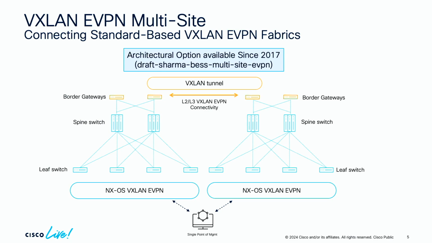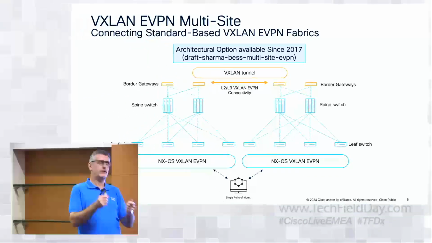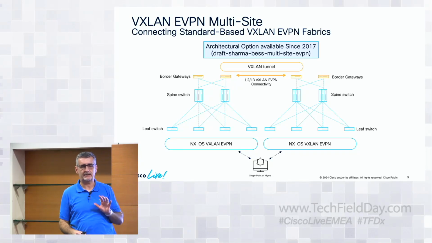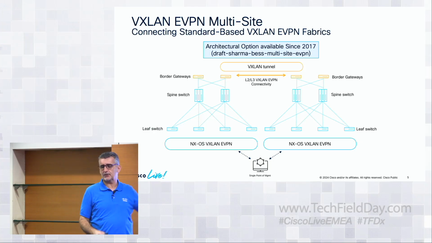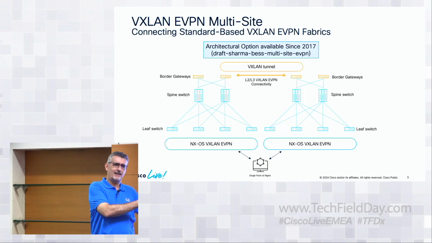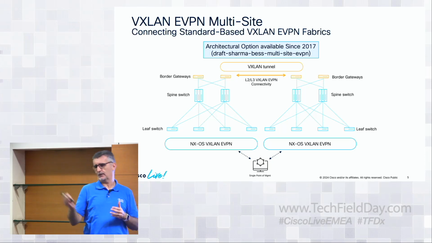The border gateway is really the key device and component that allows me to control what type of connectivity I want to establish between a leaf spine topology on the left and a leaf spine topology on the right. And we have been shipping an architecture like this called VXLAN multi-site and its counterpart on ACI called ACI multi-site for many years.